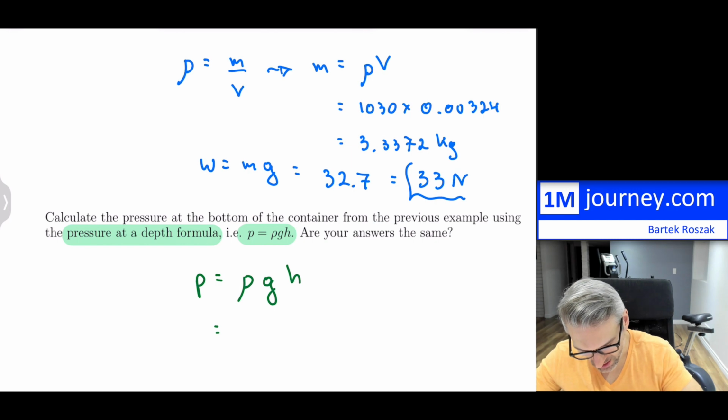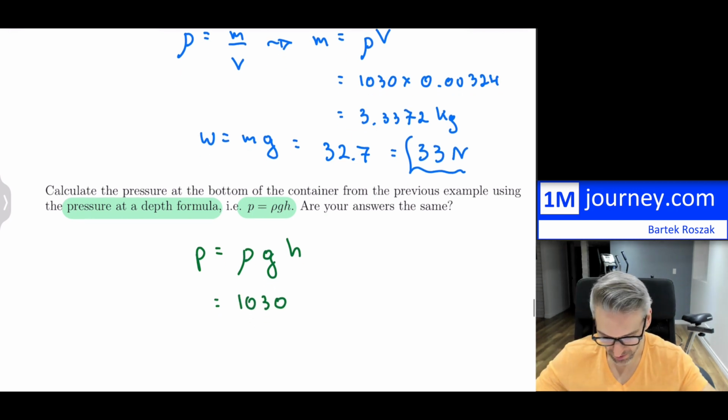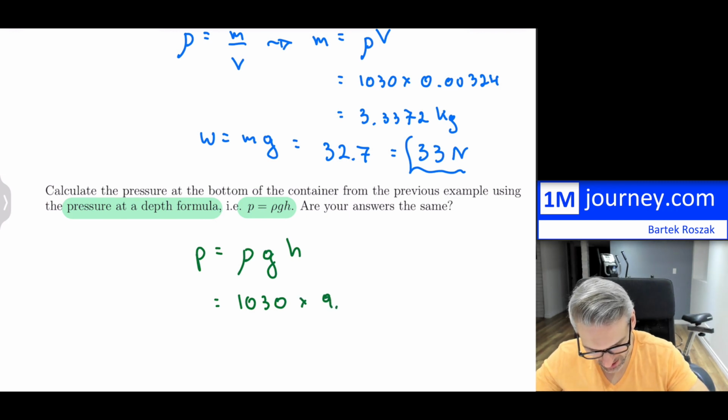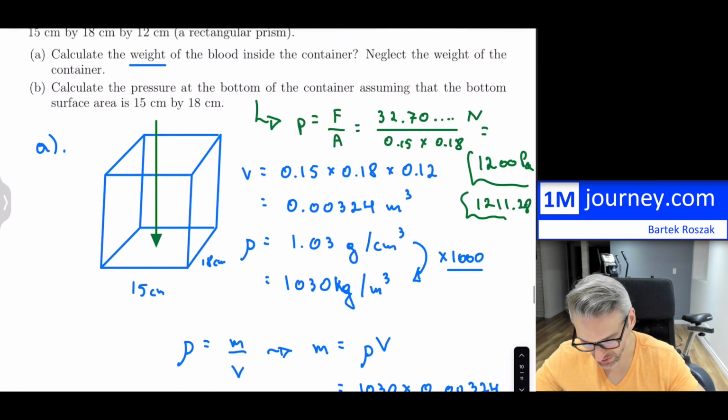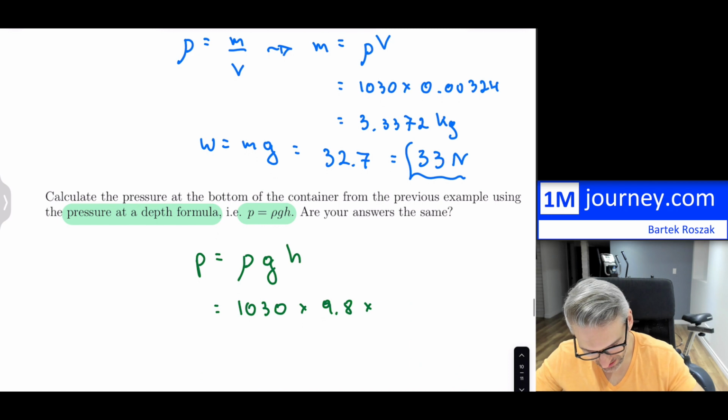So now notice the density was 1030 kilograms per meter cubed. Gravity is 9.8, and then the height, so if you go back in here, since they said 15 and 18, the height was 12 centimeters, which is 0.12.